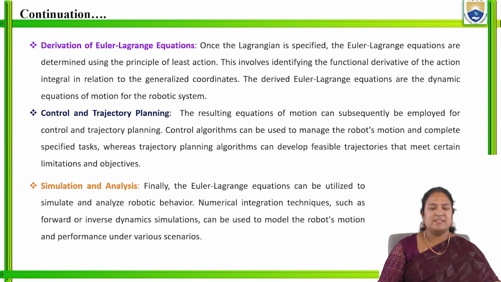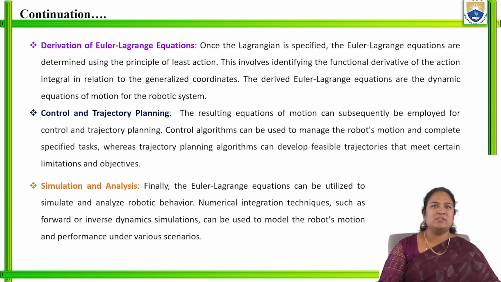So the third one is the derivation of the Euler Lagrangian equation. What is happening in this derivation? This is generally used to find the equations used to determine the principle of least action.